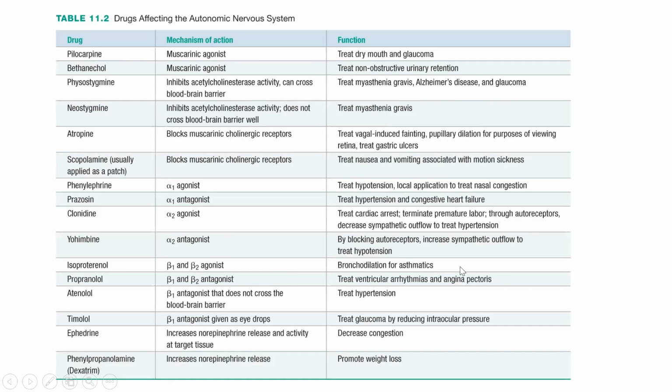This is actually an asthma medication, and it's basically mimicking the response of norepinephrine and epinephrine binding to beta 1 and beta 2 receptors. Because that generates a bronchodilation, or a relaxation of the smooth muscle in the respiratory tract, that's going to be ideal for someone who has asthma, right? Asthma is this blocking of the airway, inflammation of the airway, constriction of the bronchioles and of the airway.